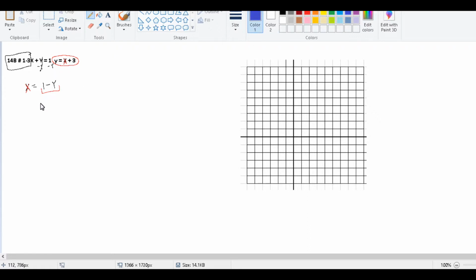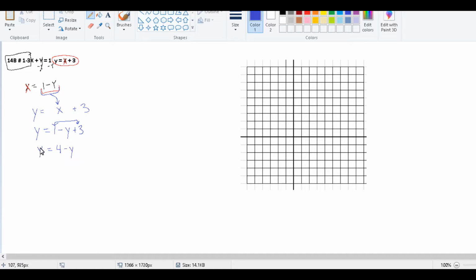So this equation right here is y equals x plus 3. And this x is this right here, so I'm going to put that in for that x. So now I have y is equal to 1 minus y plus 3. I'm going to add the 1 and the 3 together first. So I have y equals 4 minus y.